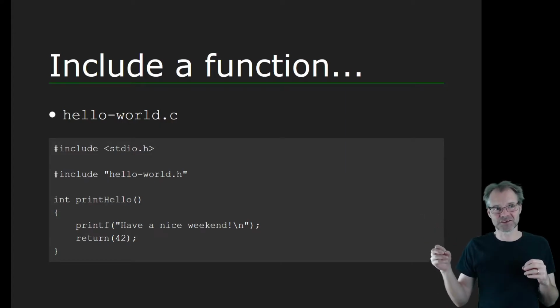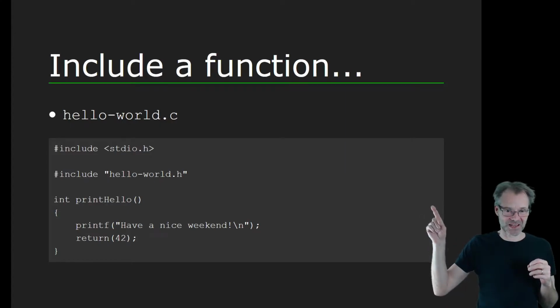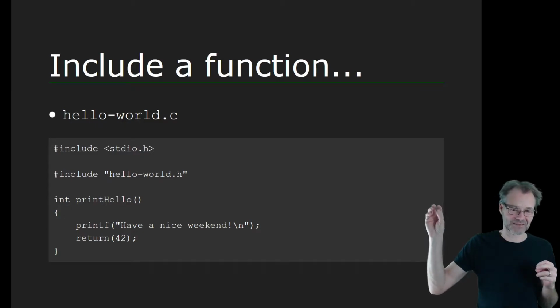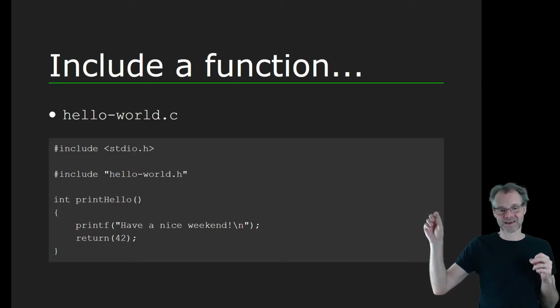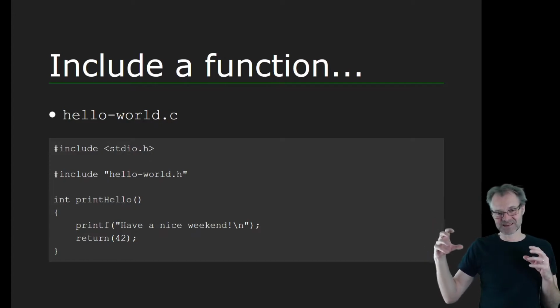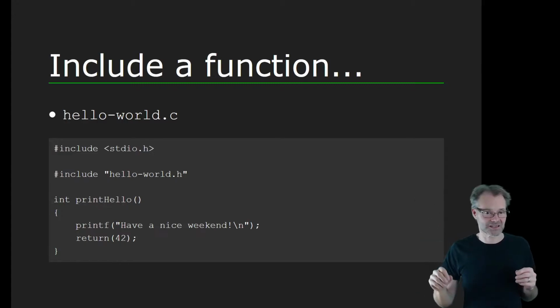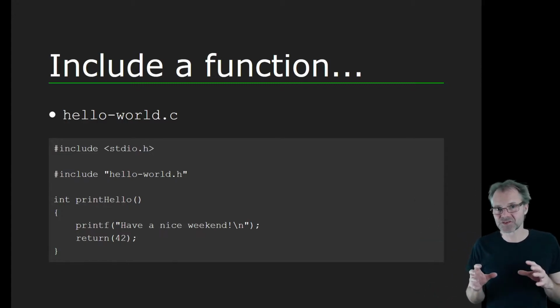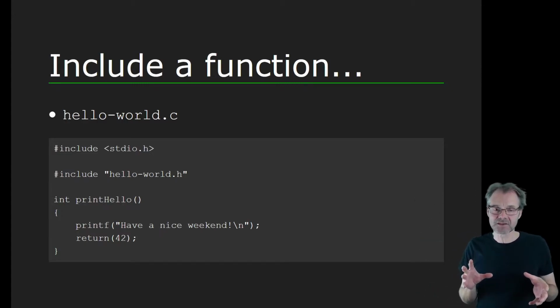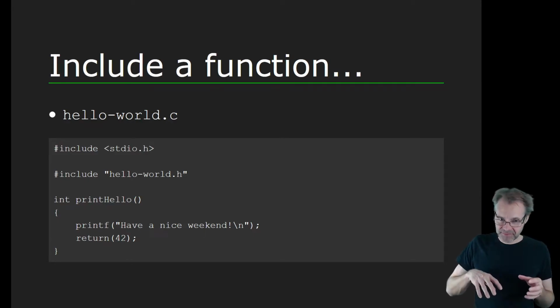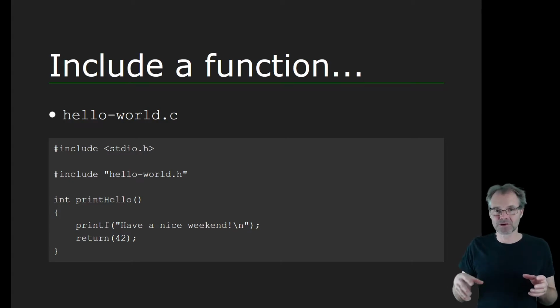It gives me the feeling that hello world.h contains where I define the function, and here I implement it, and the signatures should look the same, otherwise I would get some error. So it's a nice way of doing it like this. So this is then the way to build modules and add more functions into these modules. This is the general way of separating the code into files.